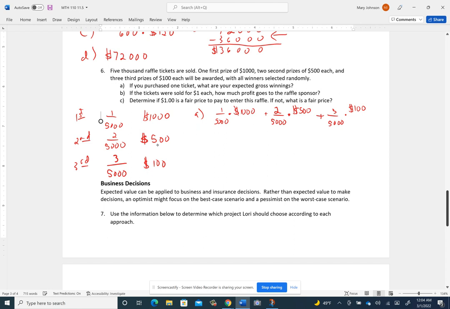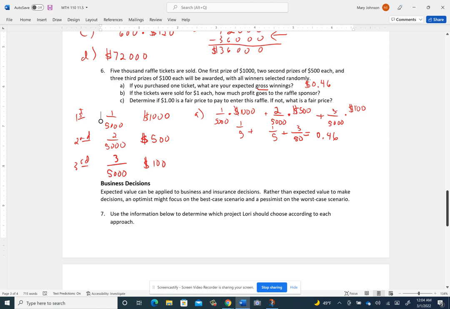This would be 1,000 over 5,000, like a fifth, 1,000 over 5,000 another fifth, and 300 over 5,000 would be 3 out of 50. If I do all of that, I wind up with 0.46. So the expected gross winnings would be 46 cents. Less than $1.